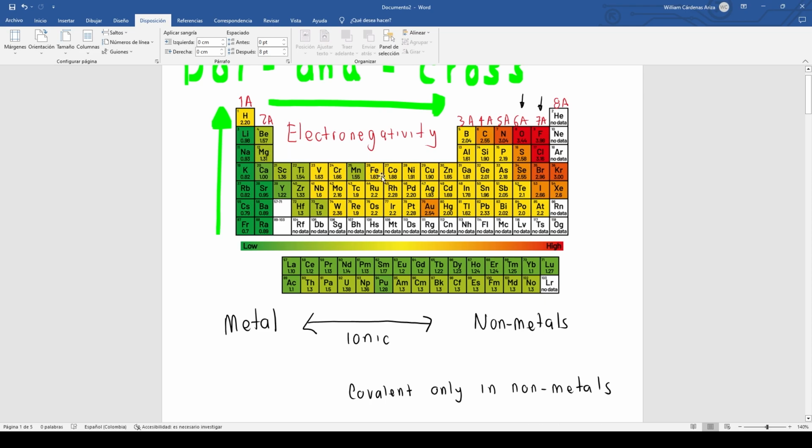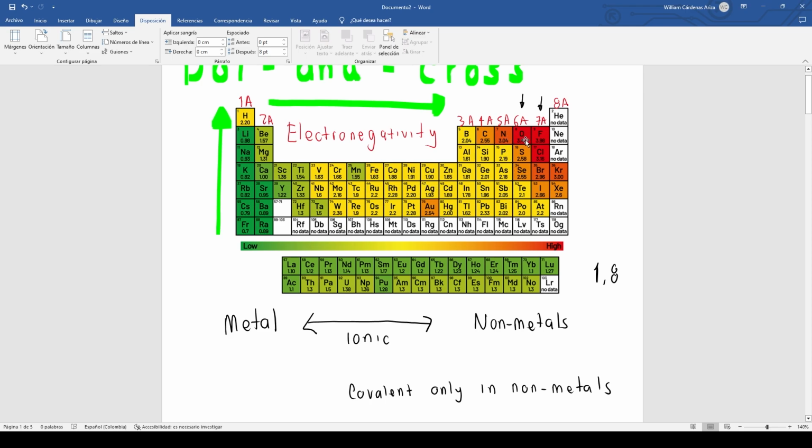So the difference is greater than 1.8. That means that fluorine has the ability to attract the electron more toward itself, and we can say that fluorine is almost like stealing the electron from lithium. Now, when we have that, we have an ionic bond.